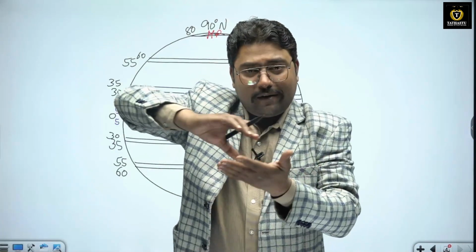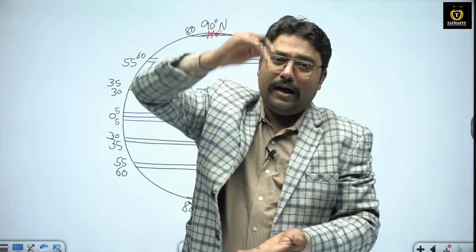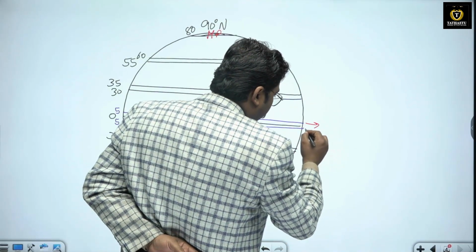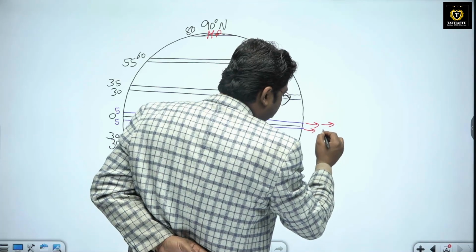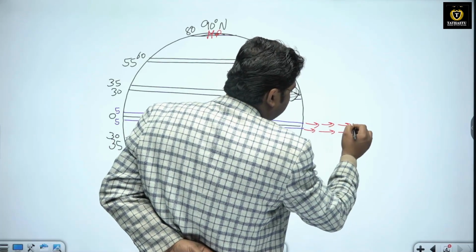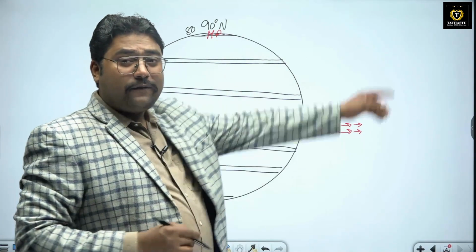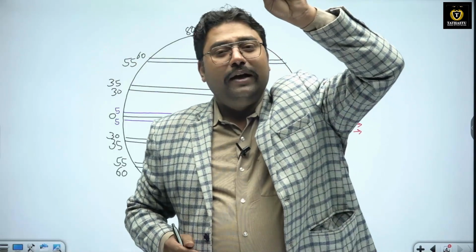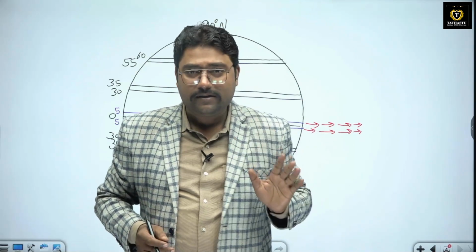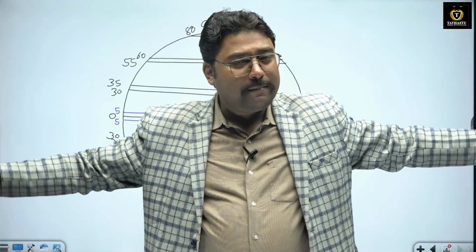So on equator, when the air is being heated up, it will become lighter and start moving up in the atmosphere. Now when the air will move up in the atmosphere, it will reach till tropopause, as we know, and after reaching tropopause it will create high pressure because on the surface low pressure is there. Right now we saw, and on the poles over the surface high pressure is there.